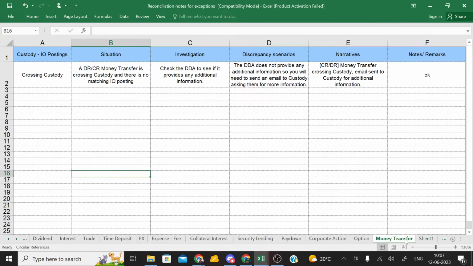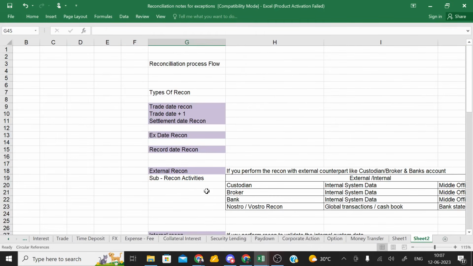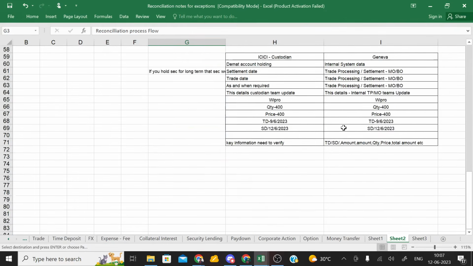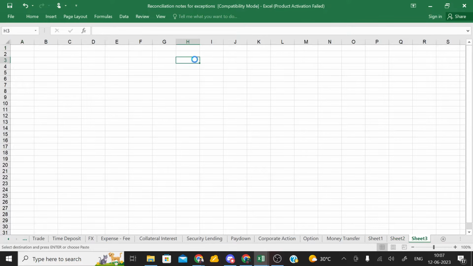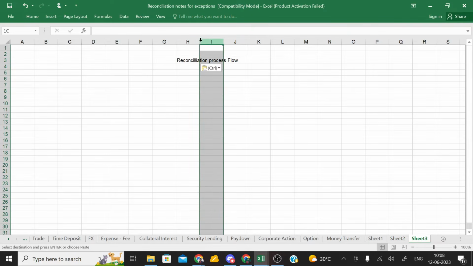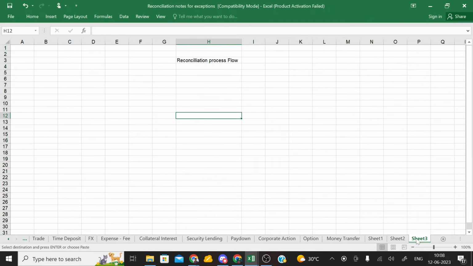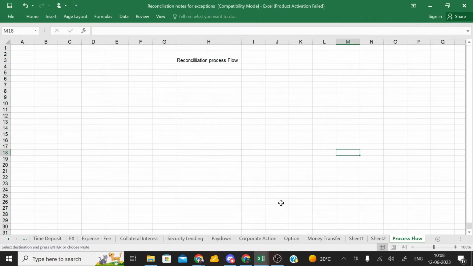In Excel, I'll walk you through how that looks. So these were the key details, the background of Recon. Now I'll walk you through the process flow of Recon, or instead of process flow, you can say data flow also.